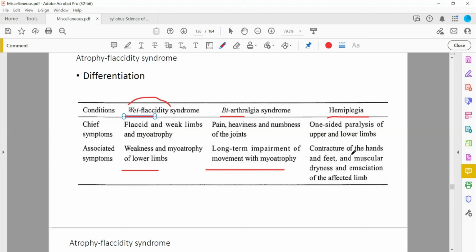Hemiplegia, contracture of the hands and feet, and muscular dryness and emaciation of the affected limb.